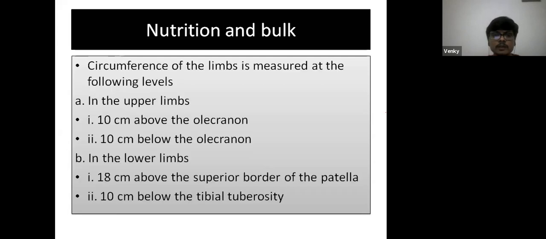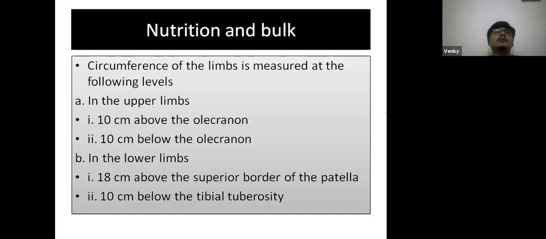Nutrition and bulk is very important. With this nutrition and bulk, we will come to know whether it is due to anterior horn cells or plexus. While seeing the patient on examination itself, we will say that this is an anterior horn cell, plexus, or radicular problem. You can easily identify it.